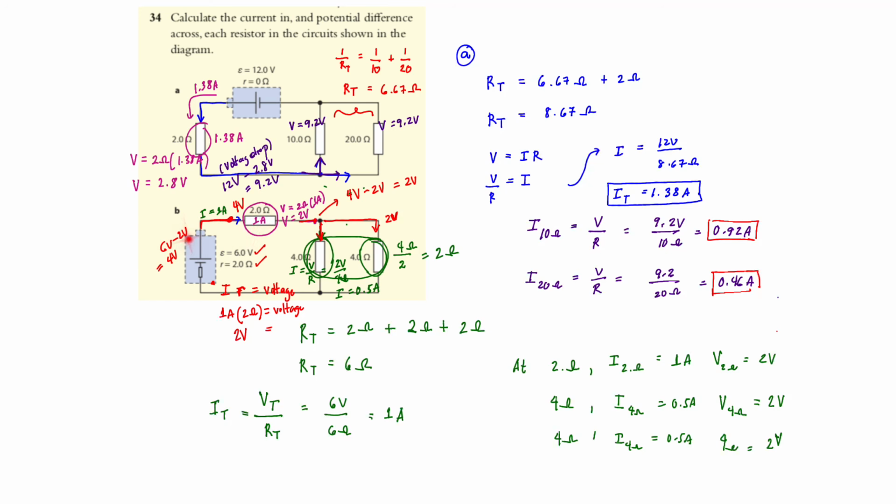So 6 volts minus 2 volts here is 4 volts, then there's a drop of 4 volts minus 2 volts, and then another one. And therefore we have here the same voltage since they are parallel. So 2 volts here, 2 volts here, and then we can get the current. And that is for number 34.